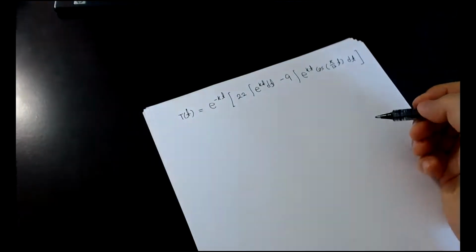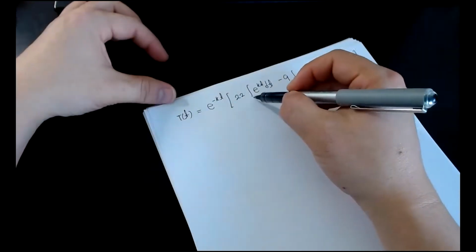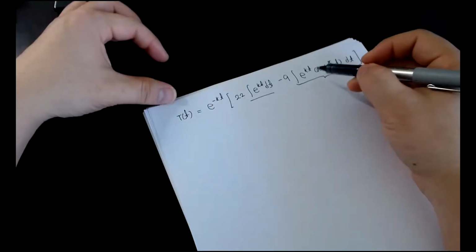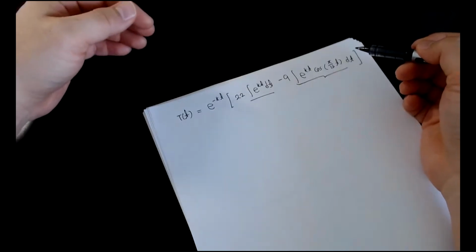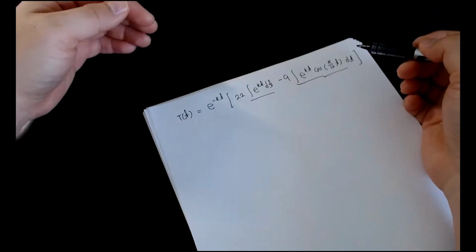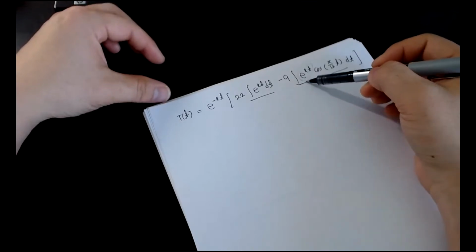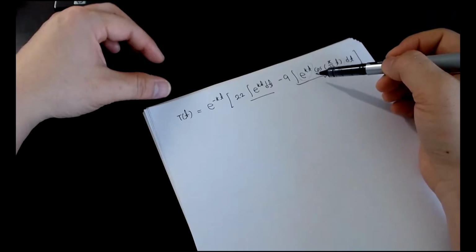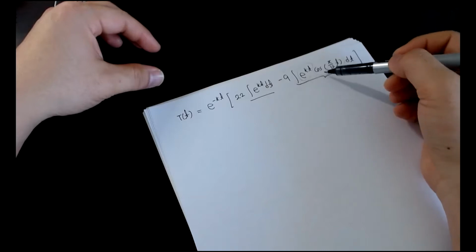It's not a big deal to evaluate the first integral, but what about this one? We have to use a special technique for integration. When you look at the integrand, this is an exponential function and this is a cosine function. So the integrand consists of the product of two different types of functions.